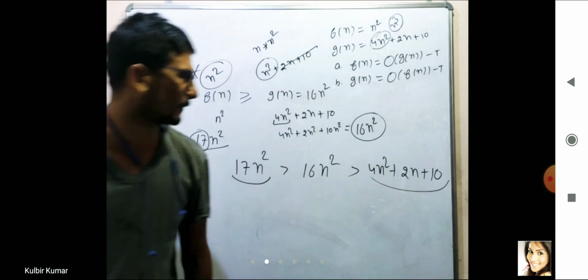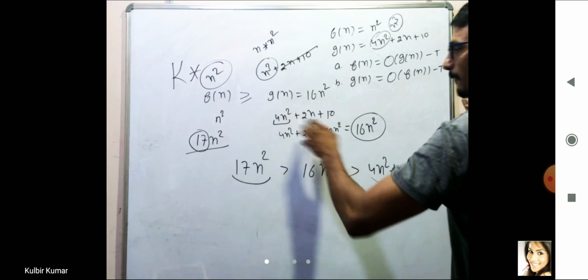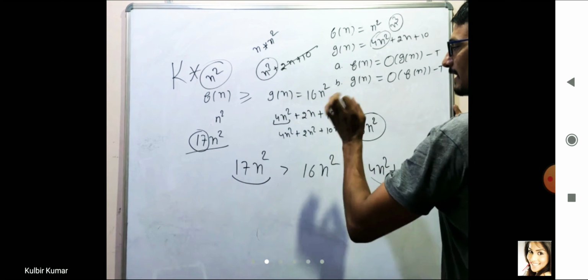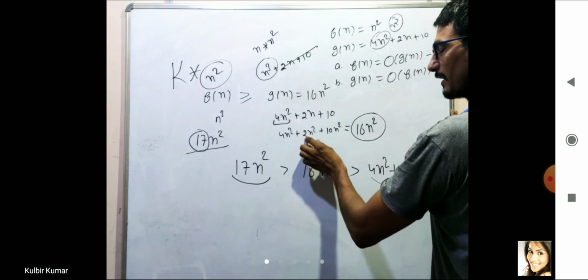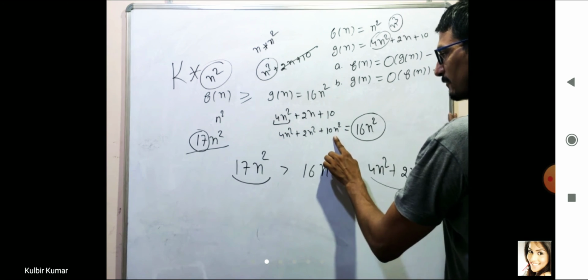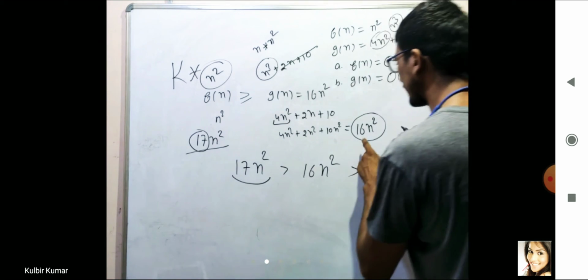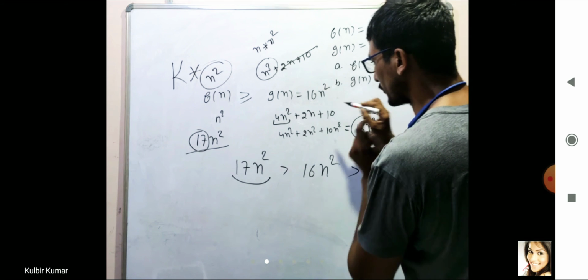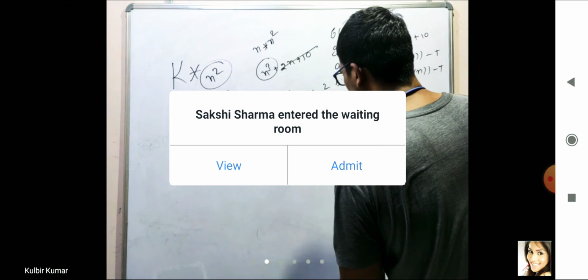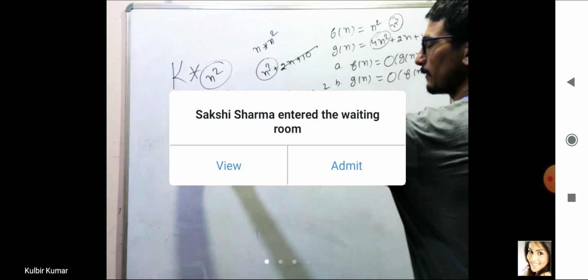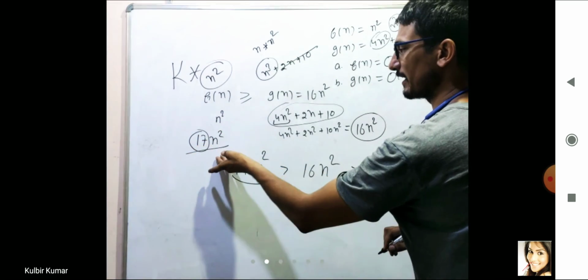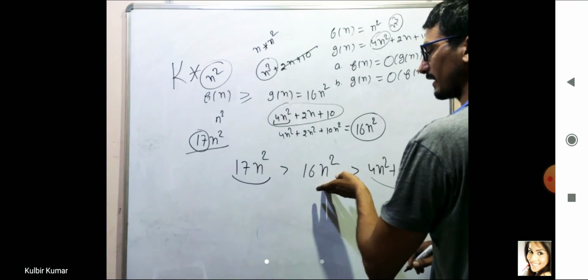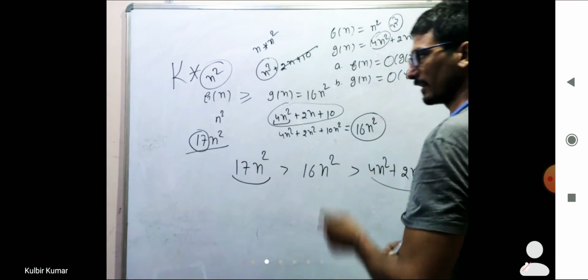Okay, so I'm going to repeat the whole thing. Let us see. It is 4n square plus 2n plus 10. Then what happens? I'm just writing. Let us take 4n square as it is. 2n की जगह 2n square रख देते हैं. 10 की जगह 10n square लिख देते हैं. So totally it becomes 16n square. So surely 16n square is greater than this function. और f of n को किसी कांस्टेंट से मल्टीप्लाई करना है. So let us take 17. So it becomes 17n square. So 17n square is greater than 16n square, and 16n square is greater than g of n.